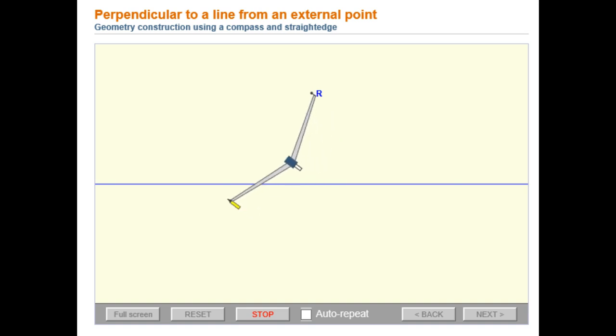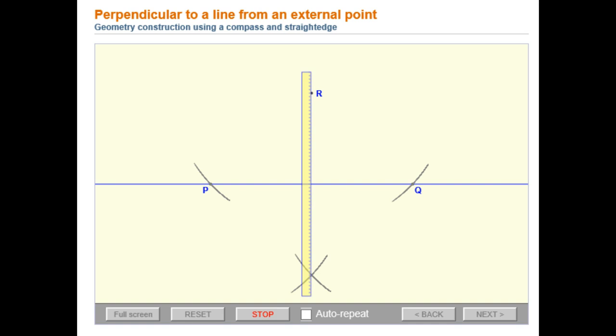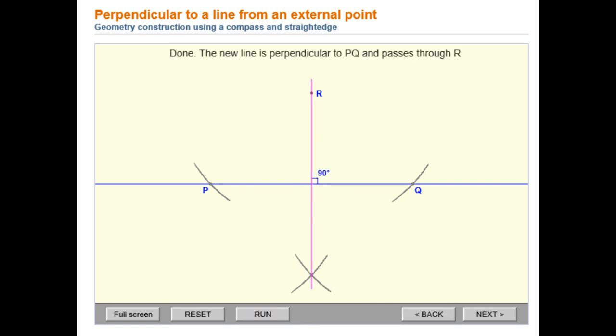First, we'll stretch the compass out to some distance that's greater than the distance from the point to the line and make 2 arcs on the line. And then from each of those intersections, we'll make 2 more intersecting arcs on the opposite side of the line from the point. If you connect up that intersection with the point, you're going to have a perpendicular drawn through the point to the line.